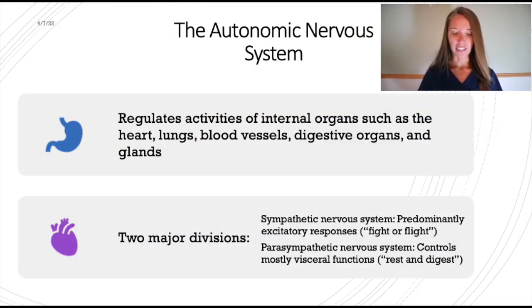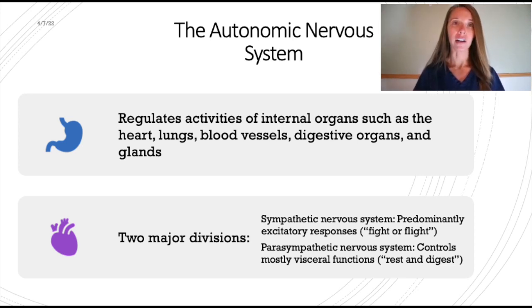Delving a little bit more into the autonomic nervous system, this is what regulates the activities of our internal organs, like our heart, lungs, blood vessels, digestive organs, and glands. A lot of this action goes unnoticed. It's autonomic. It's not something that we necessarily have control over. When we find ourselves being chased by a bear or in stressful situations, we kick into this fight or flight mode, right? Our sympathetic nervous system kicks in.